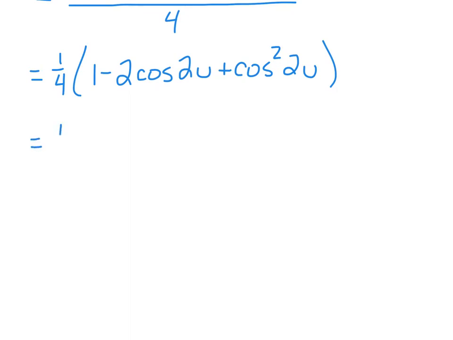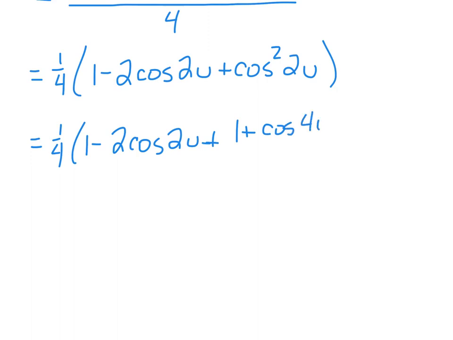So we have 1/4, 1 minus 2 cosine of 2u plus, now we're going to write cosine squared of 2u as 1 plus cosine of 4u, right? Because whatever's inside there is multiplied by 2, and what's inside of ours is 2u, so 2u times 2 is 4u. And that's pretty good.